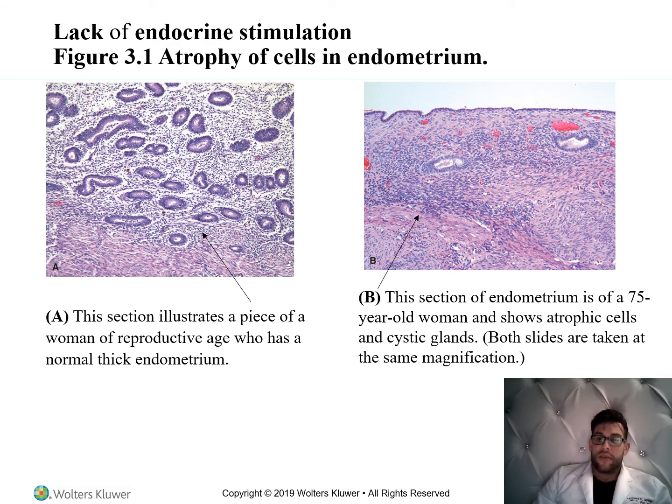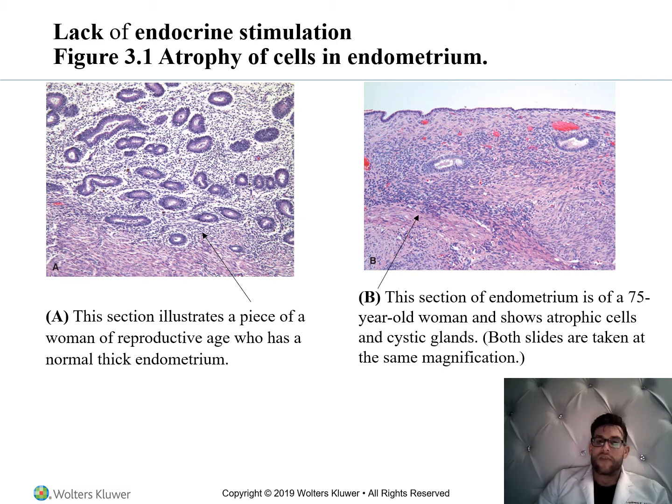Now, in conclusion, we're going to see here picture A and picture B. This is an example of atrophy due to lack of endocrine stimulation. As you may see, these are the cells of the endometrium of a woman in reproductive age who has a normal thick endometrium. That's picture A, left picture.